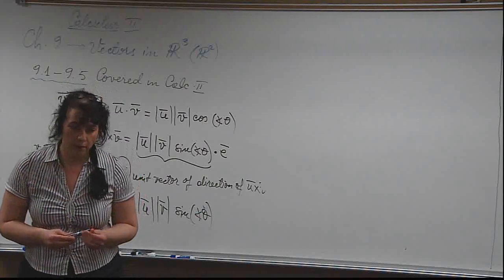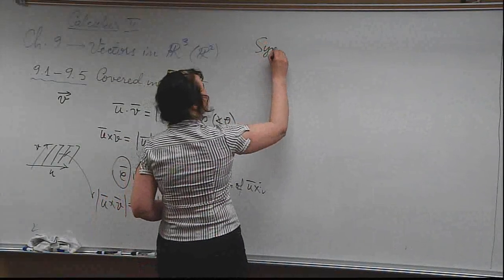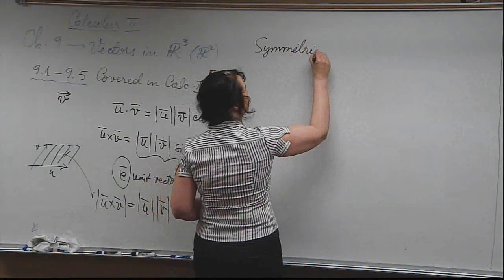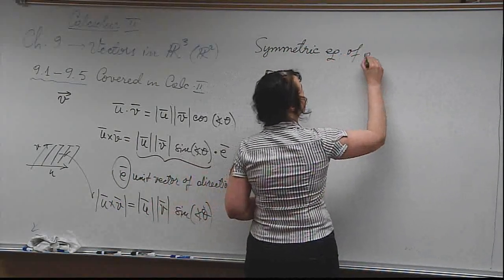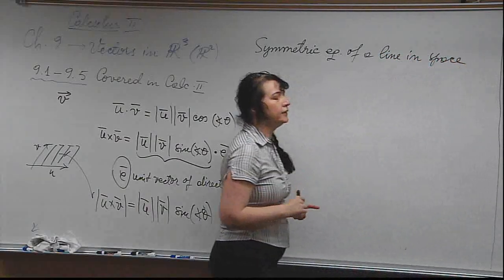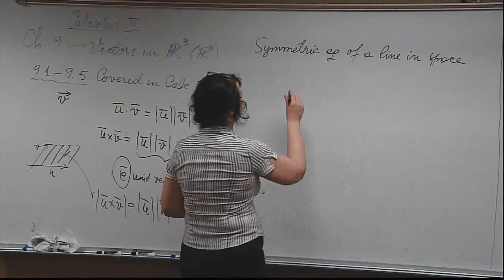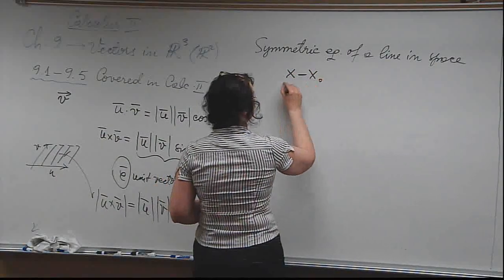But now that you remember them, I'm going to give you the symmetric equation of a line in space. Hint, this can be included on the final. You are expected to know it.